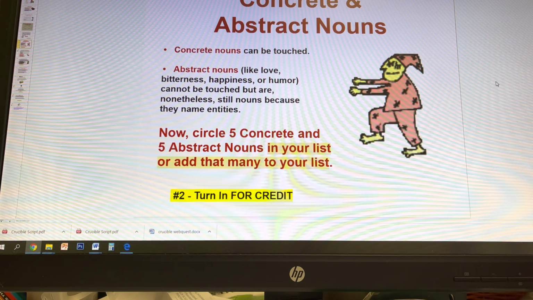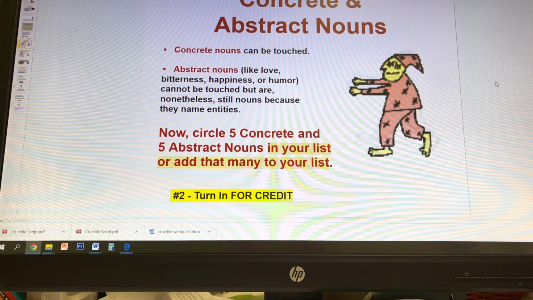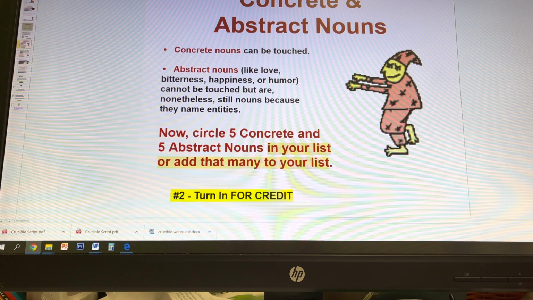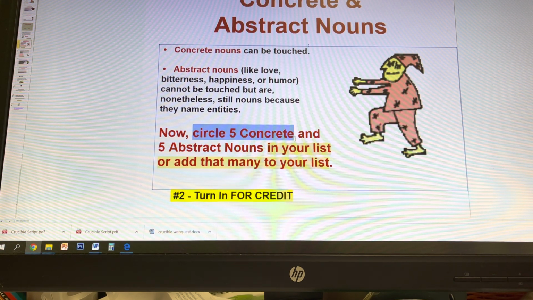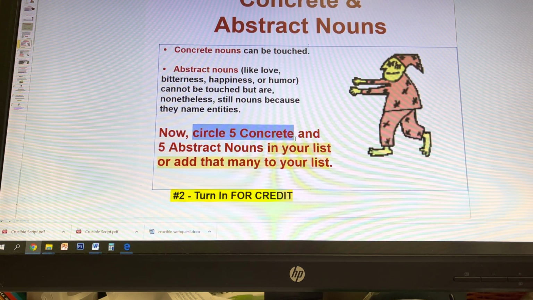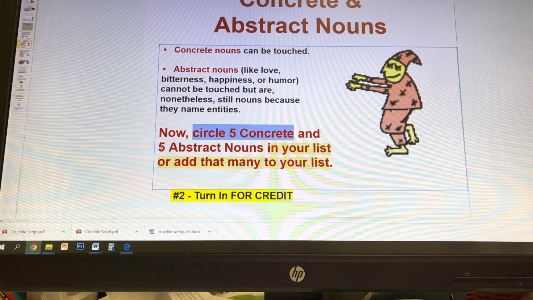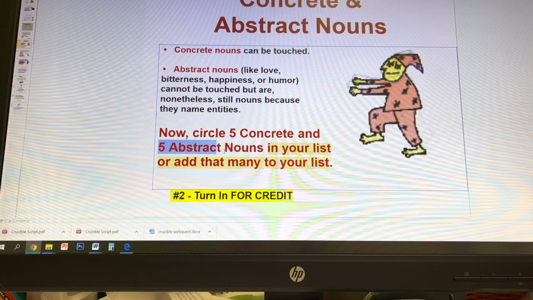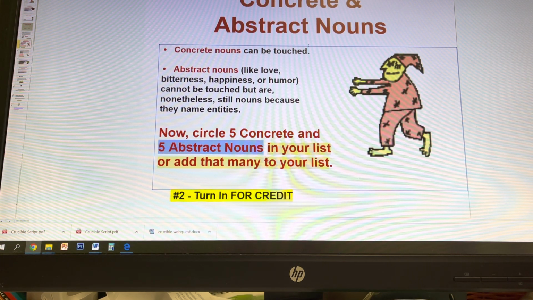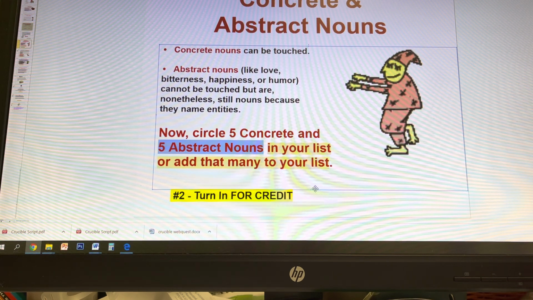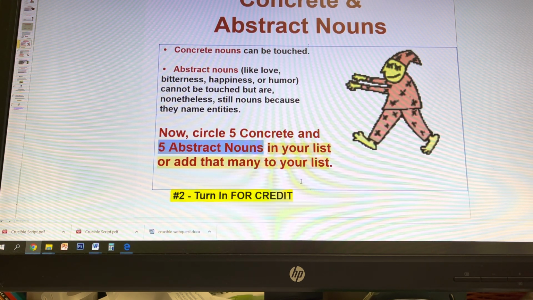Now, on your list of nouns, I want you to circle 5 concrete nouns. And then I want you to create or add to your abstract noun list so that you have a total of at least 5.